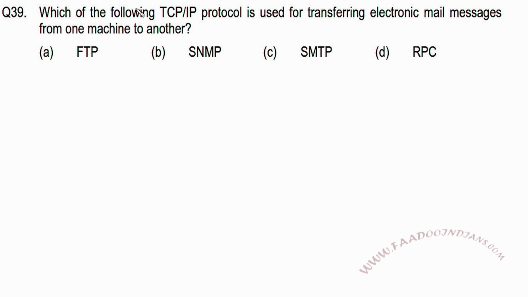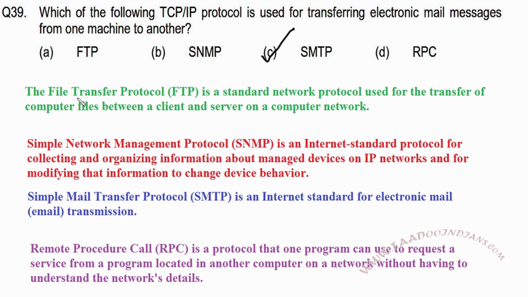39. Which of the following TCP/IP protocols is used for transferring electronic mail messages from one machine to another? It is simple. That is C, Simple Mail Transfer Protocol. File Transfer Protocol, FTP, is a standard network protocol used to transfer computer files between client and the server. It uses port 21.